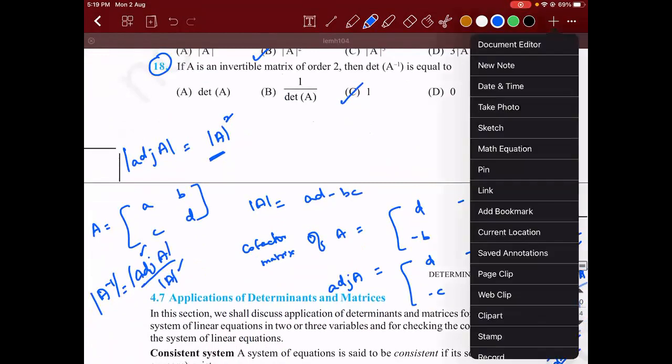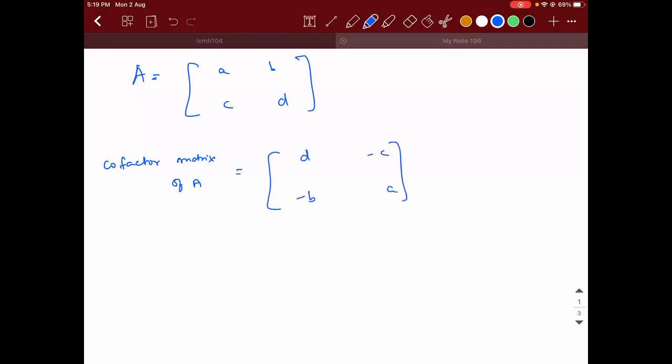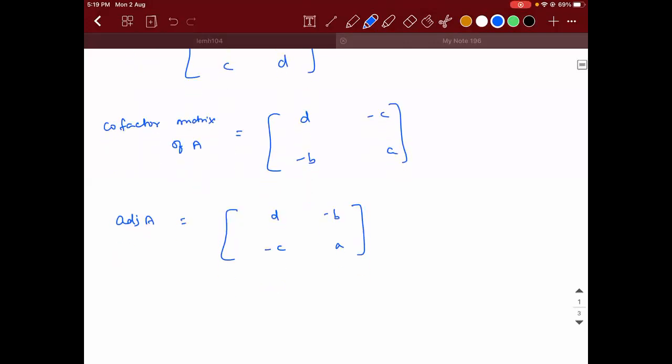Wait, let me do it on a fresh page. A is equal to, let's check it again, a, b, c, d. Cofactor matrix of A is d, minus c, minus b, a. Adjoint of A is d, minus b, minus c, a.